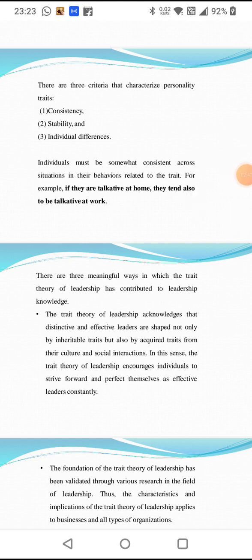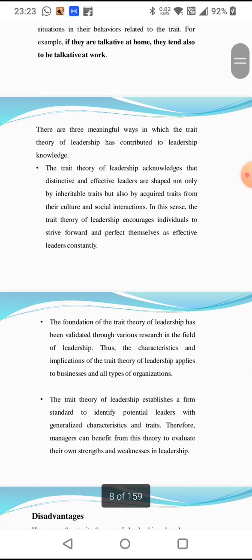There are three meaningful ways in which the trait theory of leadership has contributed to leadership knowledge. The trait theory acknowledges that distinctive and effective leaders are shaped not only by inheritable traits but also by traits acquired from their culture and social interactions. In this sense, it encourages individuals to strive forward and constantly perfect themselves as effective leaders.